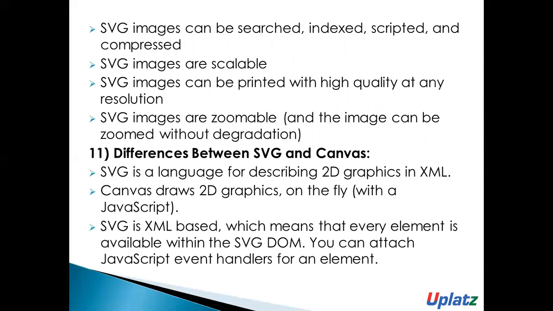SVG is a language for describing 2D graphics in XML, whereas Canvas draws 2D graphics on the fly. SVG is XML based, which means that every element is available within the SVG DOM. You can attach a JavaScript event handler to an element.